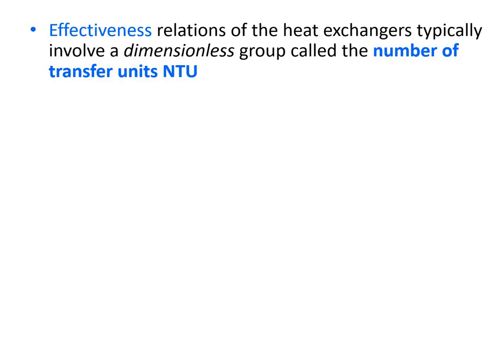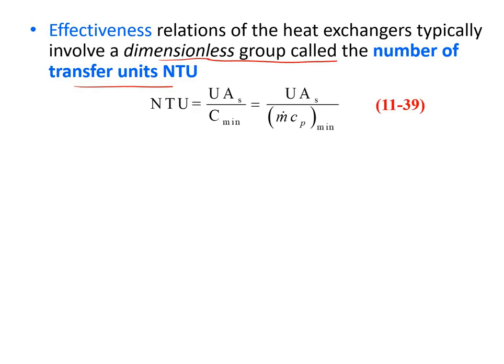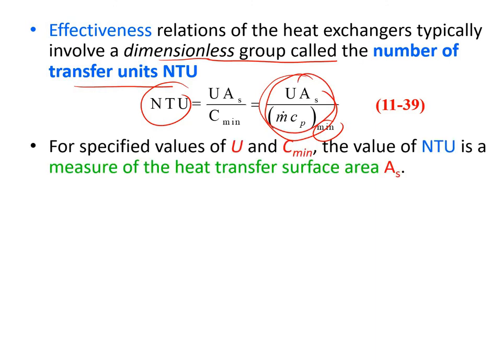The effectiveness relation of a heat exchanger typically involves a dimensionless group called the number of transfer units, NTU. Basically NTU is equal to UA over m dot Cp min. You already learned how to derive this formula inside chapter 3.